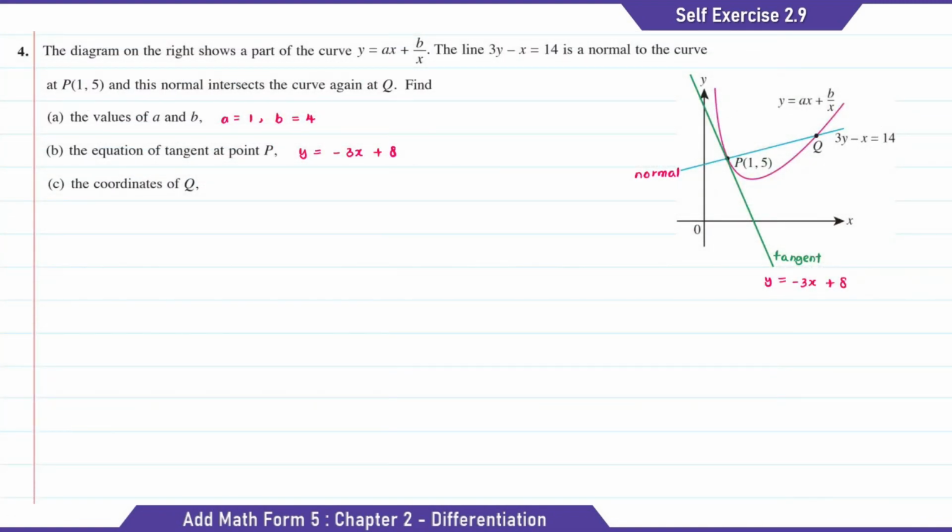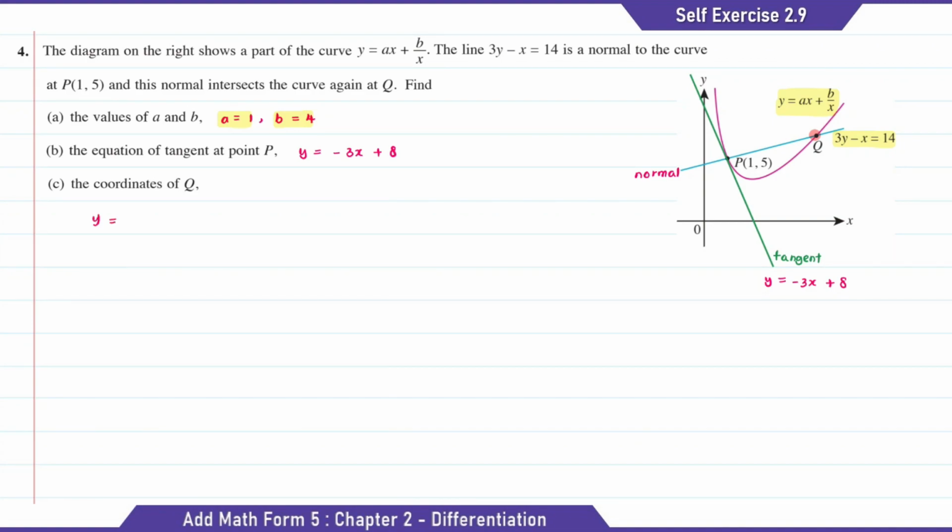Question C. Find the coordinates of Q. So the point Q is the intersection point between the normal and the curve. To find its coordinates, we need to solve the equation of the normal and the equation of the curve. From question A, we already found the values of a and b.